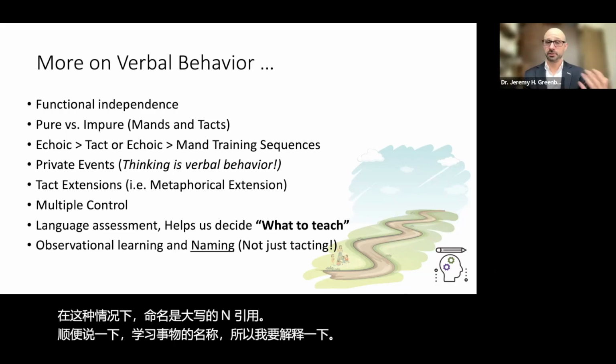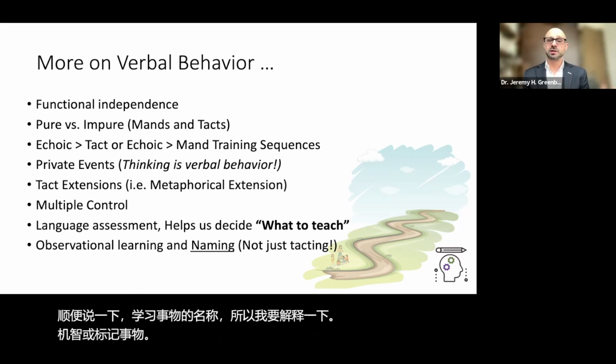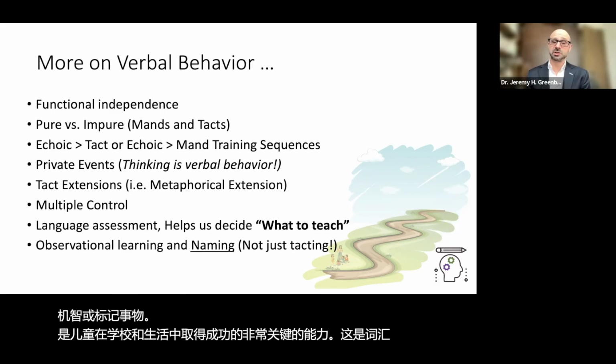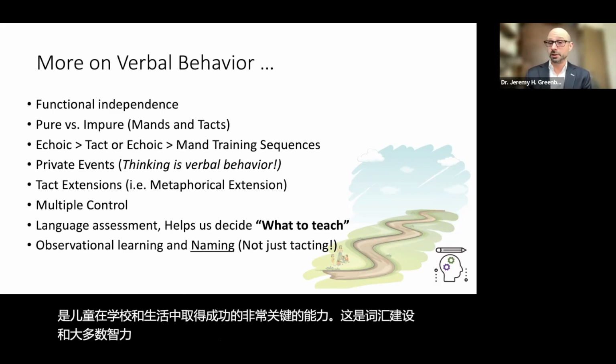Tacting or labeling things is very critical for children to be successful in school and in life. It's vocabulary building, and most intelligence tests are primarily, I would argue, based on vocabulary, learning the names of things and what words mean.